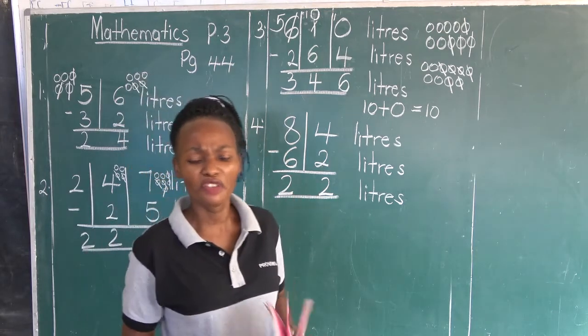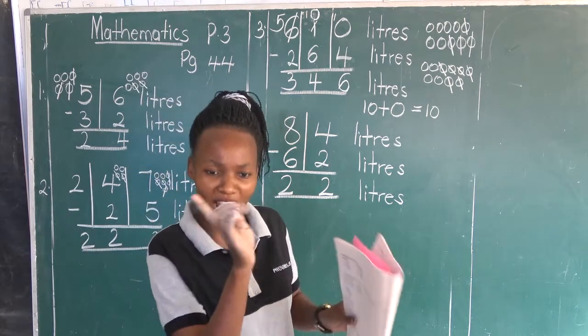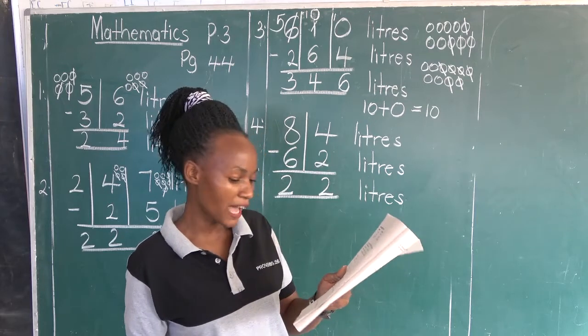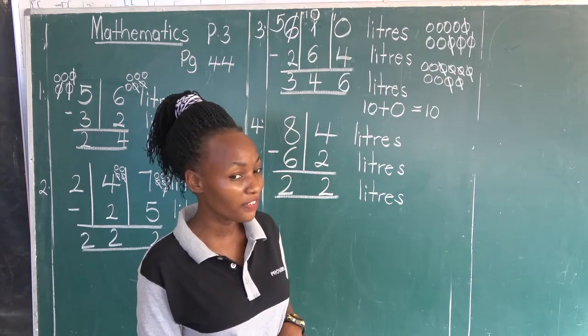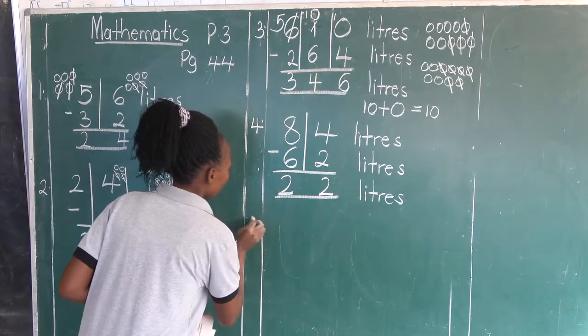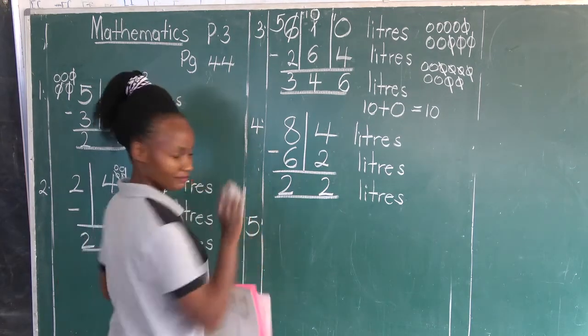Alright, I need each of you to give me at least one answer. Now let's go to number 5. We need to be very attentive.